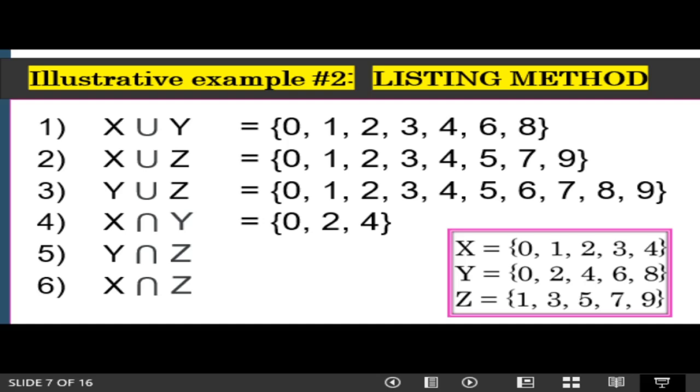So Y and Z. Is there a number found in both sets? There is no number or no elements that are common in both sets. So just write an empty set just like this or just like this. For number 6, that is 1 and 3.